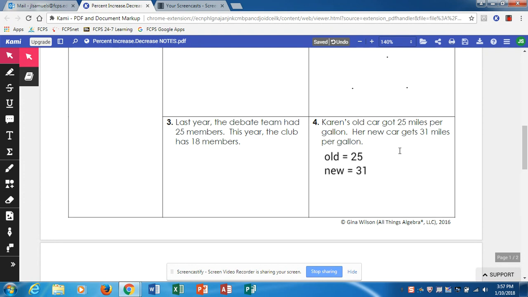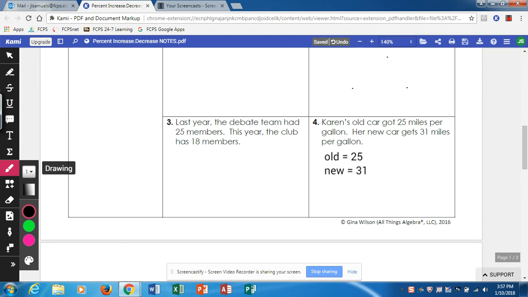So let's go ahead and do it. We have the formula, which is new minus old over old. So 31 minus 25 over the old, so over 25. So 31 minus 25 is 6, and we have 6 over 25.